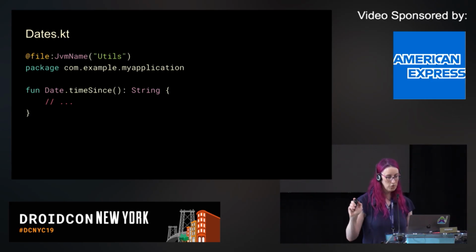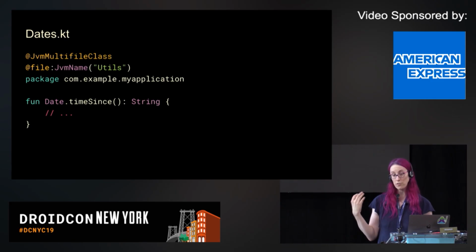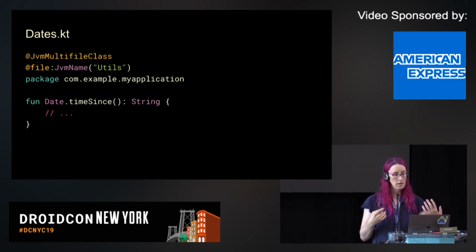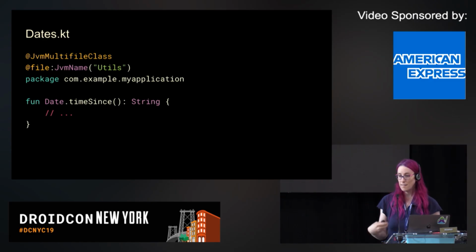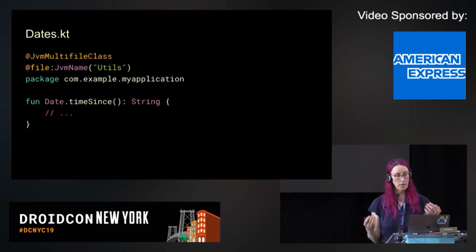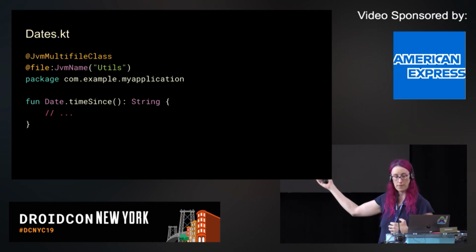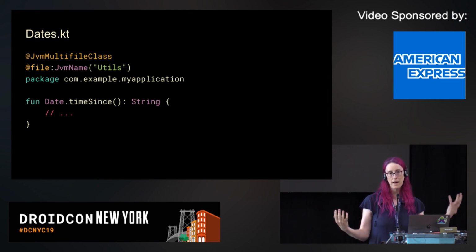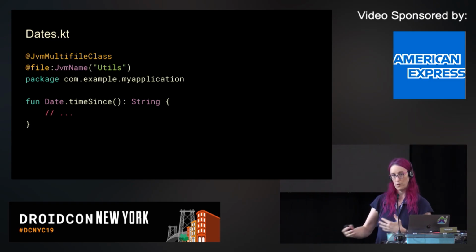Not any sort of foreshadowing, but you could also use JvmMultifileClass. Here we've got DatesKt, and let's say that you had StringsKt or something like that. You could have them all annotated with JvmName and JvmMultifileClass, and then the Kotlin compiler will put them all into one class file, and from Kotlin, you use them just like you would normally.